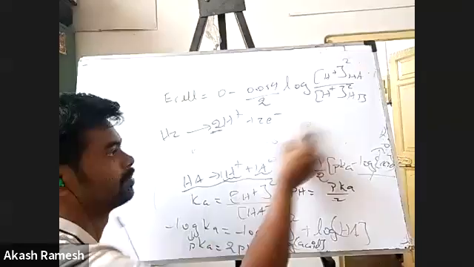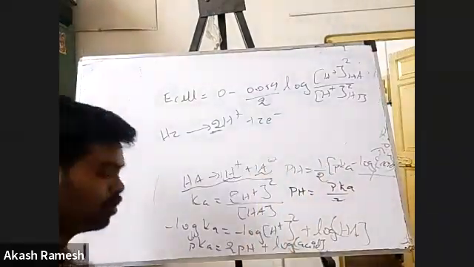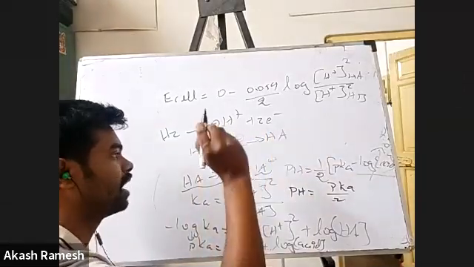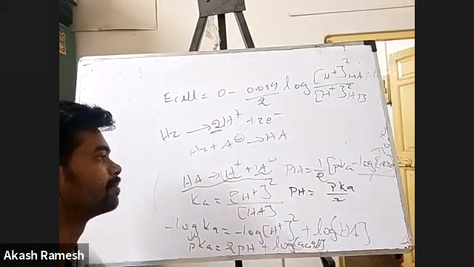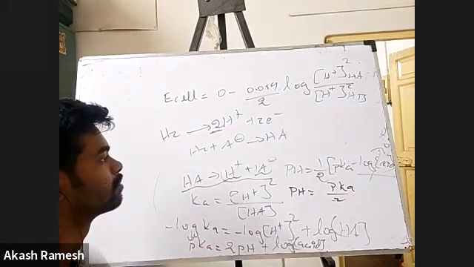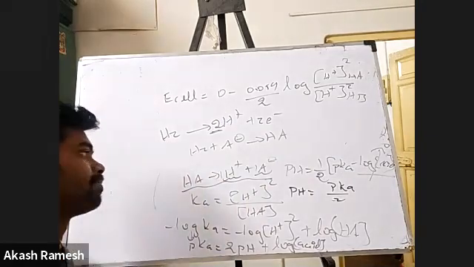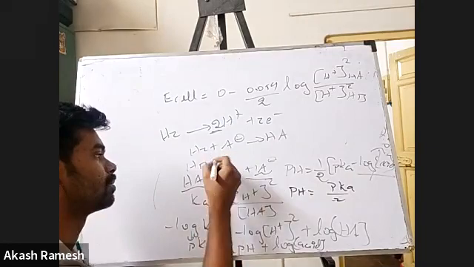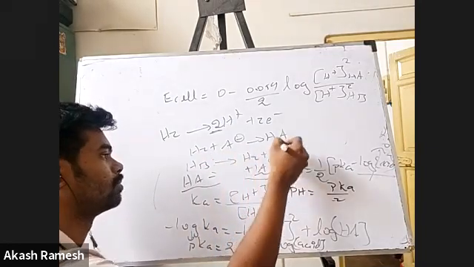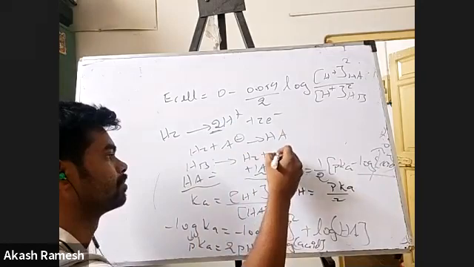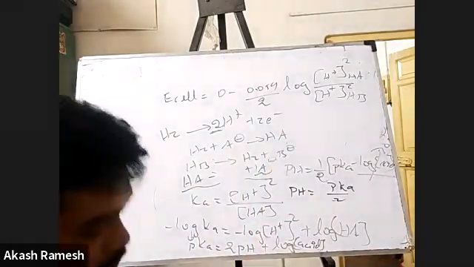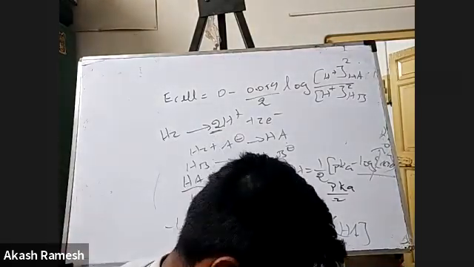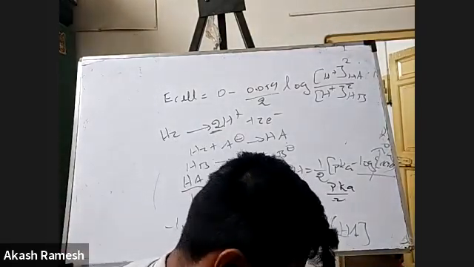I'll write it like this: H2 plus A minus becomes HA, and HB gives H2 plus B minus. This is what is actually given in the reaction. But let me see if there's a better way of writing it.